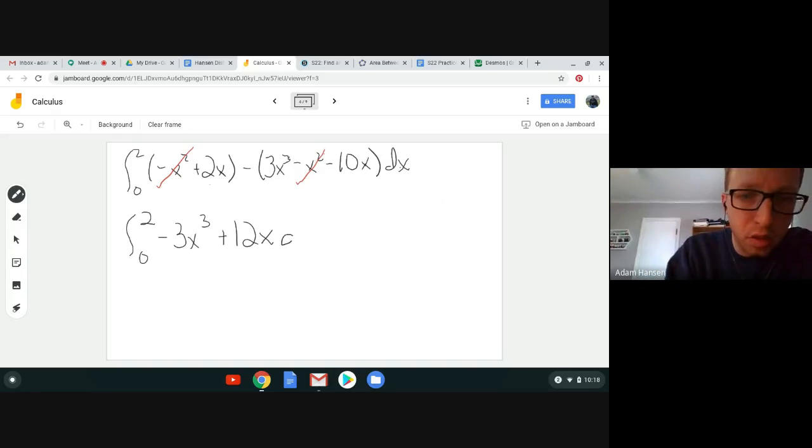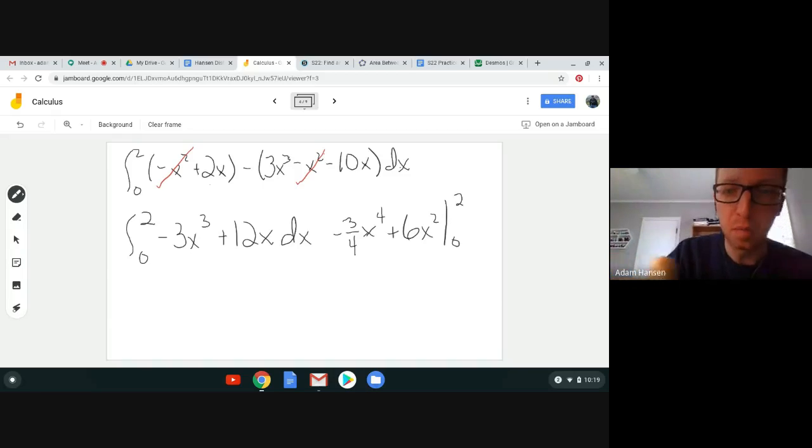I think this actually was the exact opposite of what we had on the first definite integral. Once I simplify and find the antiderivative, this should be -3/4 x to the 4th plus 6x squared, to evaluate between 0 and 2.